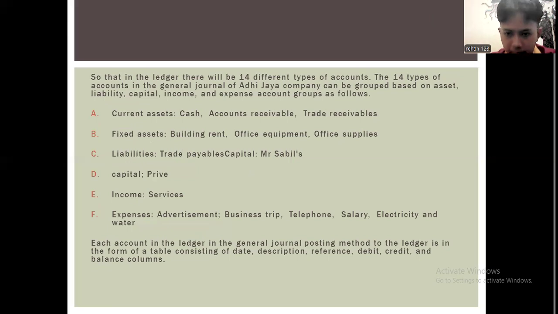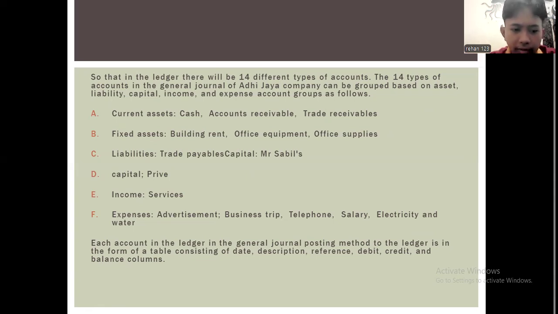The types of accounts in the general journal of Adidaya Company can be grouped as asset, liability, capital, income, and expense account groups as follows. A, current assets: cash, account receivable, trade receivable.